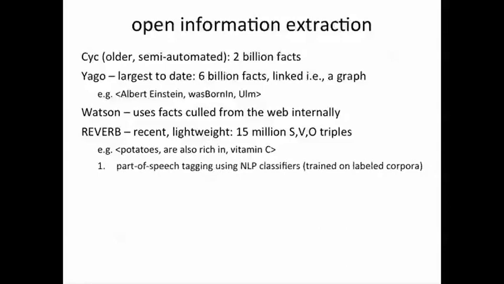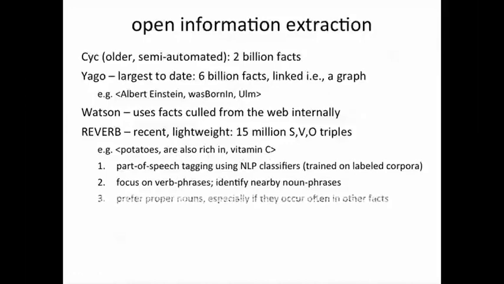The way Reverb works, just to give you a flavor for how such systems work, is first it tags each piece of text using natural language processing classifiers to say which is a noun phrase, which is a verb phrase, which is a preposition, etc. And then it focuses only on the verb phrases and figures out what are the nearby noun phrases using classifiers just as we have discussed.